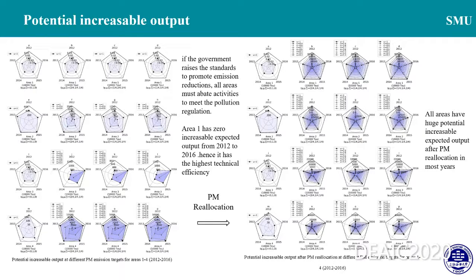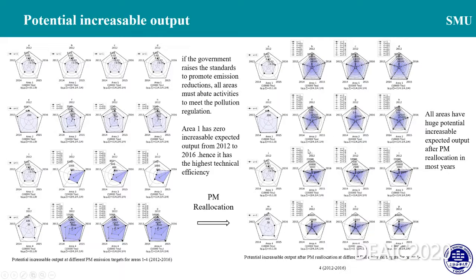The picture shows the potential increasable output after PM reallocation compared with the actual desirable output. It shows that as the government raises the emission limit, areas have the same trend of reducing the desirable output in their preferred directions, with values going from positive to negative.